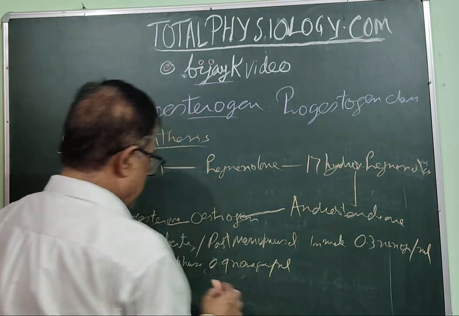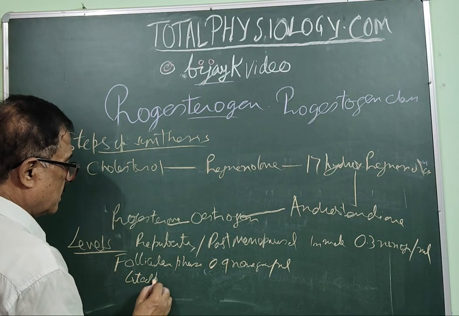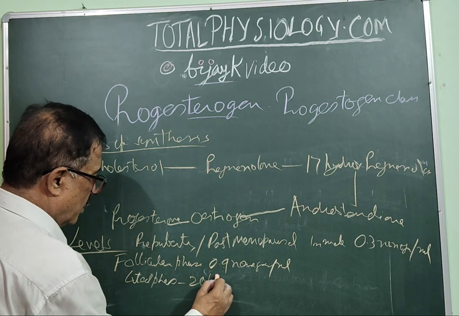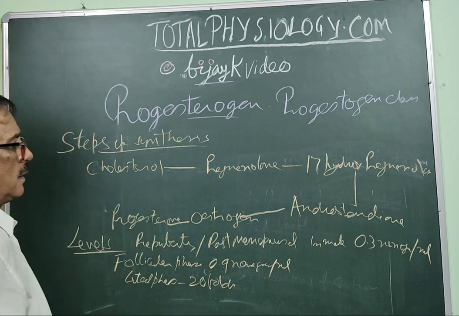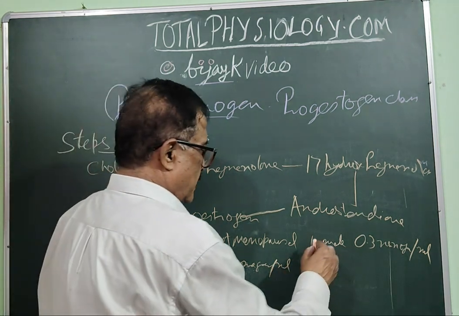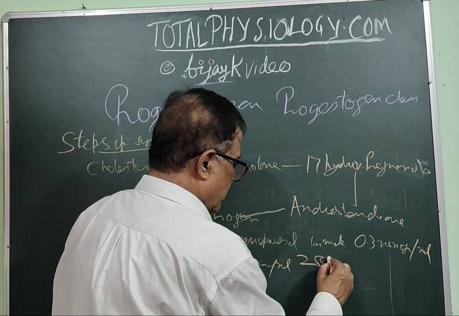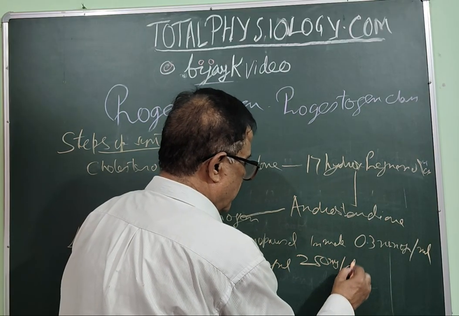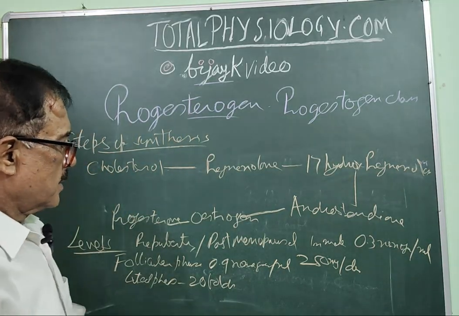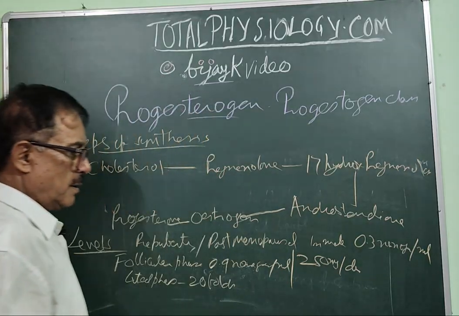In the luteal phase, it increases 20 folds, and during later stages of pregnancy, it becomes about 250 milligram per day.